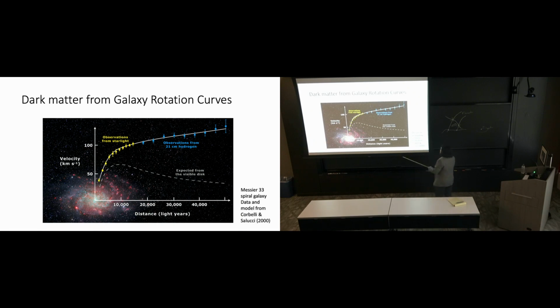Here more quantitatively, this is one particular spiral galaxy, Messier 33. If the only stuff that was there was the visible stars and gas, standard model sorts of stuff in this galaxy, then you could infer just from what you see what the gravitational potential is, what the mass distribution of this galaxy is, and then you can compute from gravity.